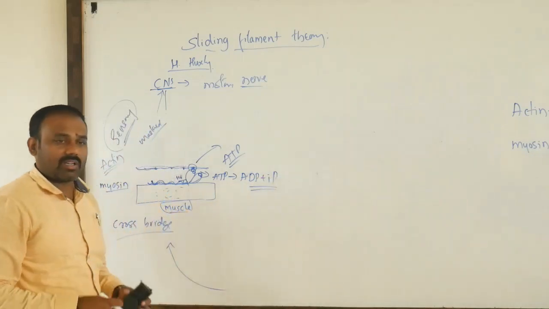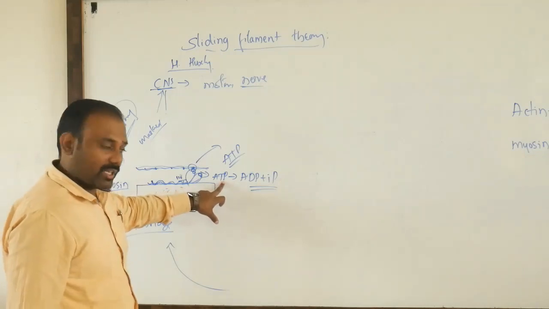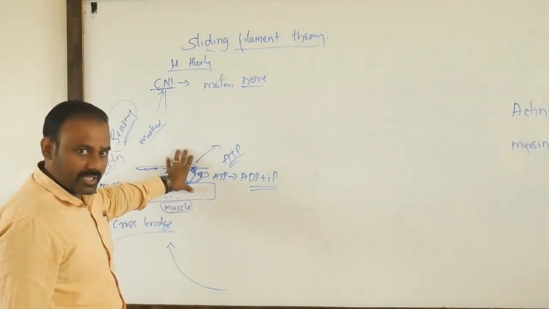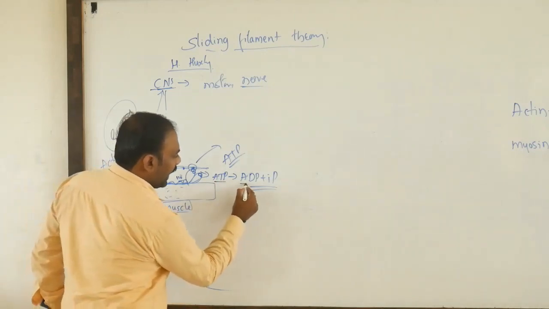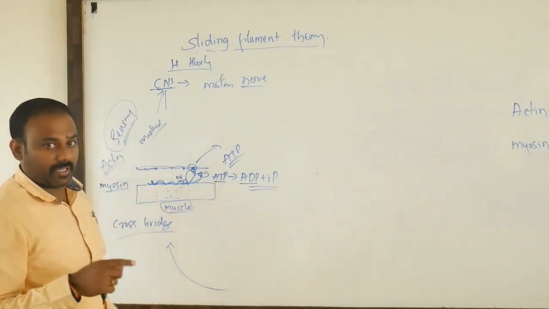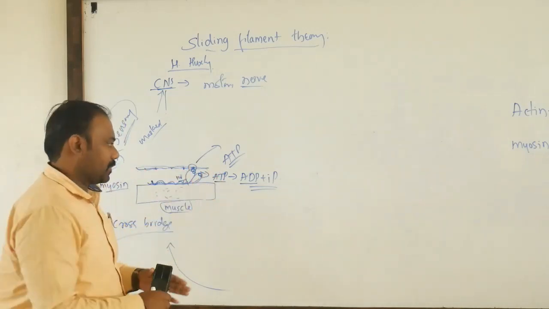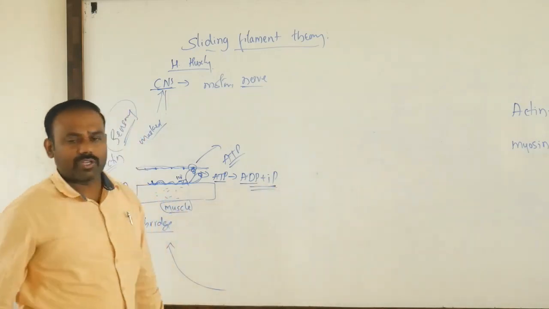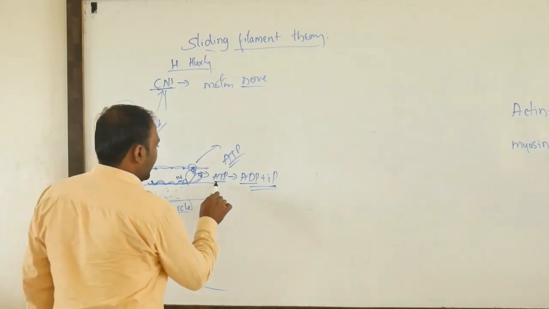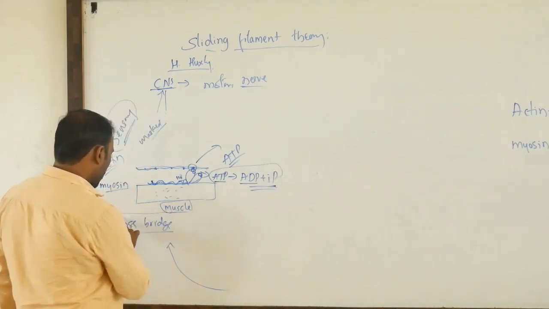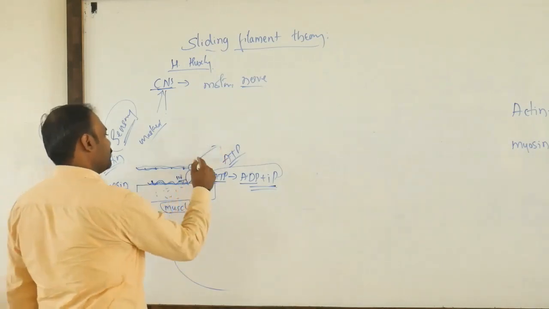This ATP is utilized by the actin and myosin, so the ATP breaks from adenosine triphosphate to adenosine diphosphate, and inorganic phosphate is released. Clear? The most important thing is that the ATP is utilized for the cross bridge. This is what is in the next step.